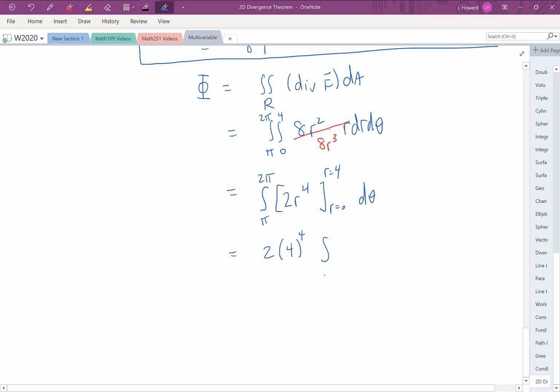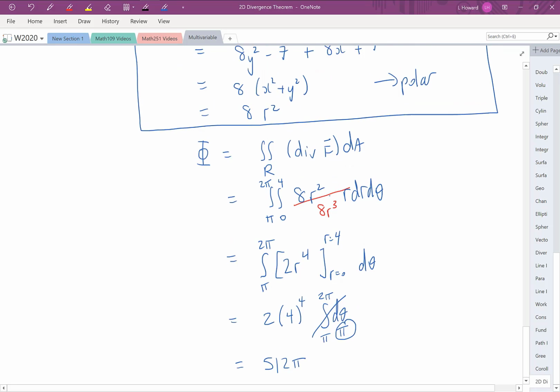And that's a constant times the integral from pi to 2 pi d theta. Anytime you integrate a differential, you're just getting the length of that interval that you're integrating over. So that's just going to give us pi for the value of that integral. So in other words, 512 pi is our answer.